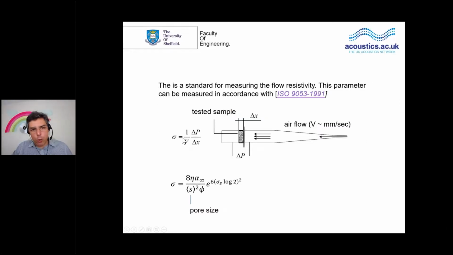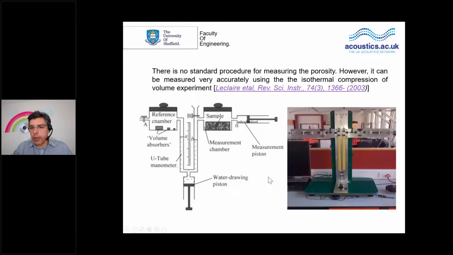Also, we can measure 2 more non-acoustical parameters using standards. One is the flow resistivity, which is measured using ISO 9053:1991. It is being revised now. And the other one is the porosity.